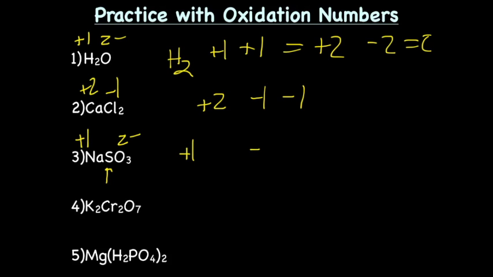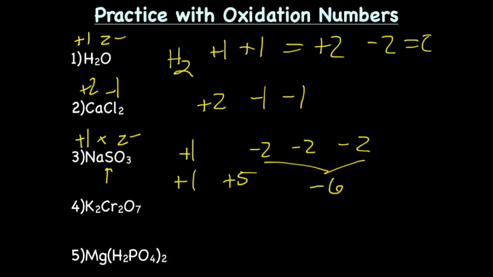We have 2-, 2-, 2-. So we have a total of -6, and we have a total of 1+, which means the sulfur's oxidation number has to be +5 so that it adds up to being neutral. So we'll put that as plus 5.